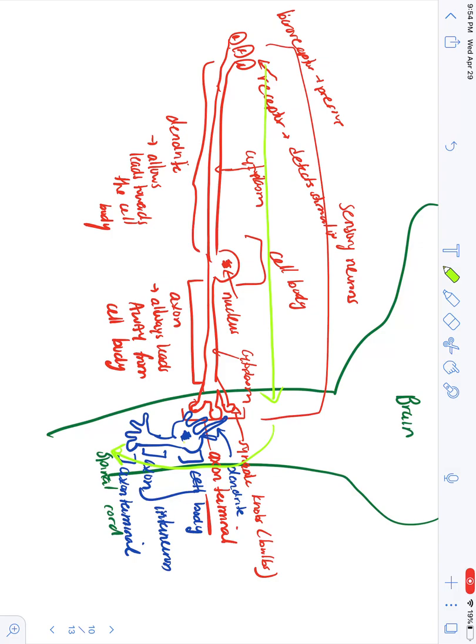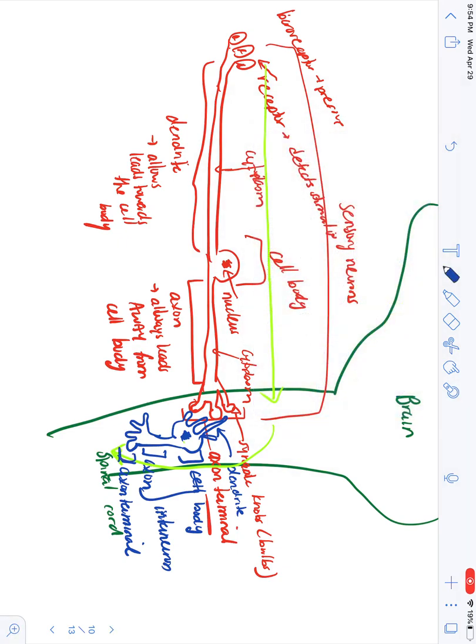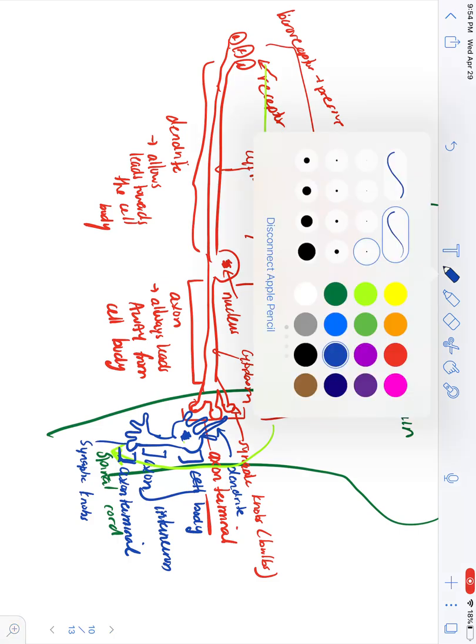Same thing here: from the dendrite to the cell body, and from the cell body down the axon to the axon terminal, which is at the end here. Again, there are these synaptic knobs at the end of the axon terminal, which we're going to talk about later, and why they're important.